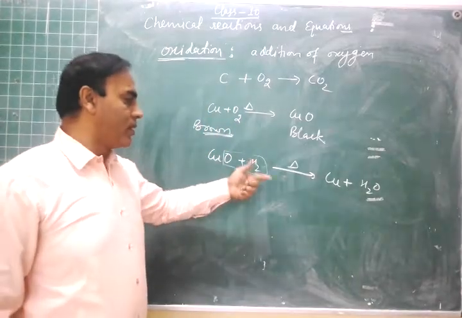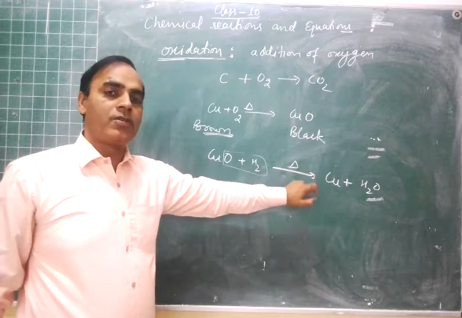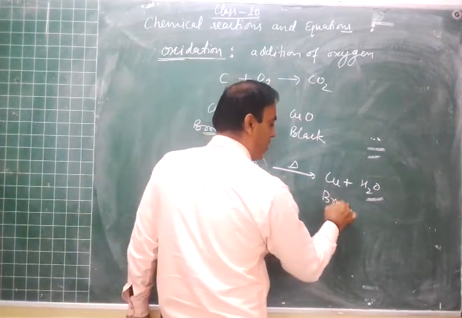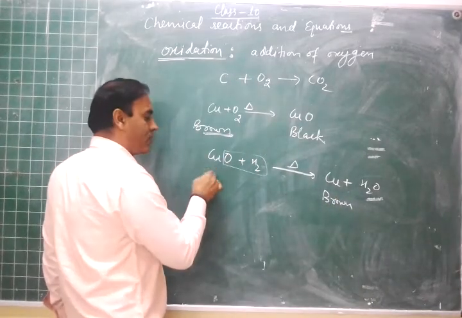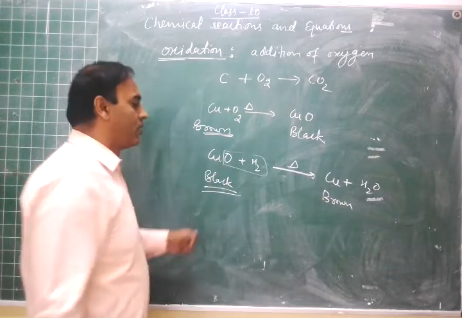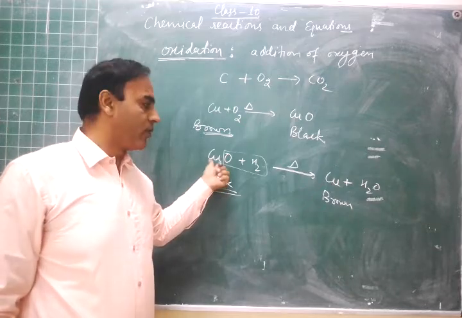So this copper which was of brown color is reproduced back. This is brown color copper and its color was black, right? Now you can see here that here is the removal of oxygen from copper.